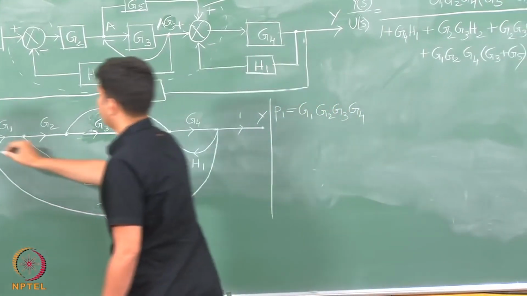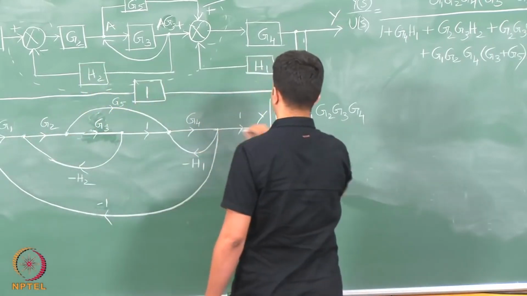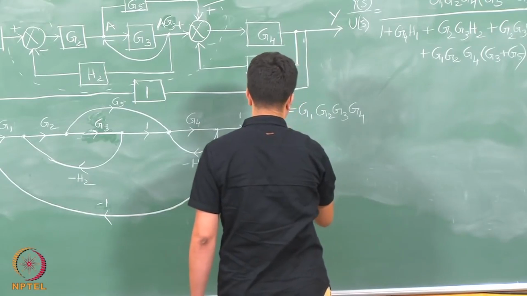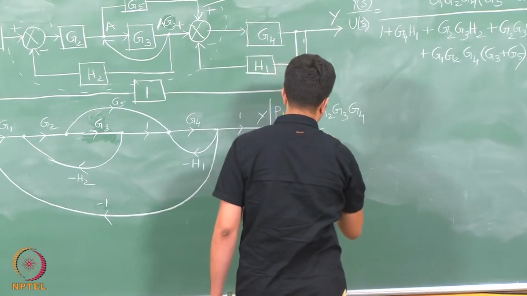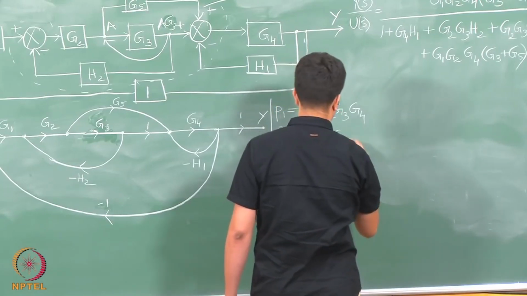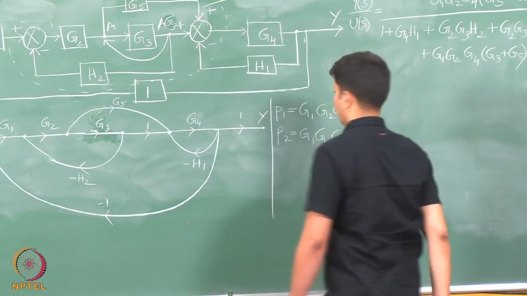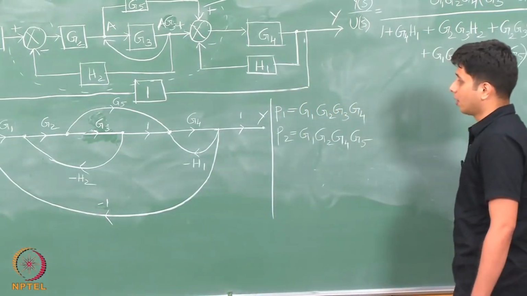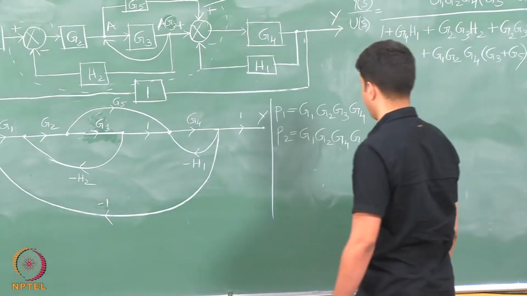Another forward path is G1, G2, G5, G4 and y. And there are no other forward paths. So, this graph has only 2 forward paths.